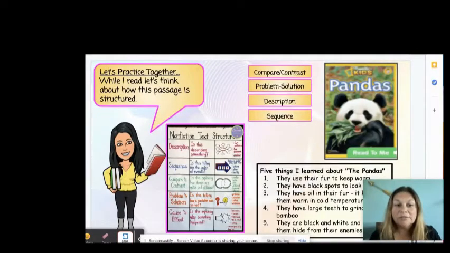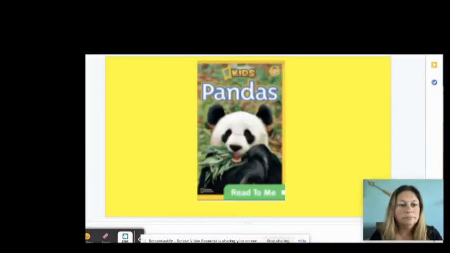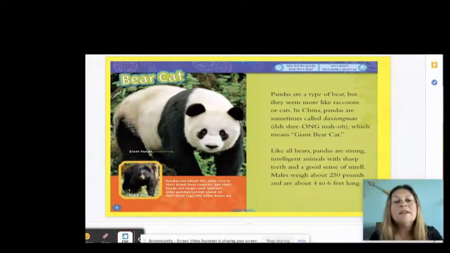Let's practice together. While I read, let's think about how this passage is structured. Pandas are a type of bear, but they seem more like raccoons or cats.